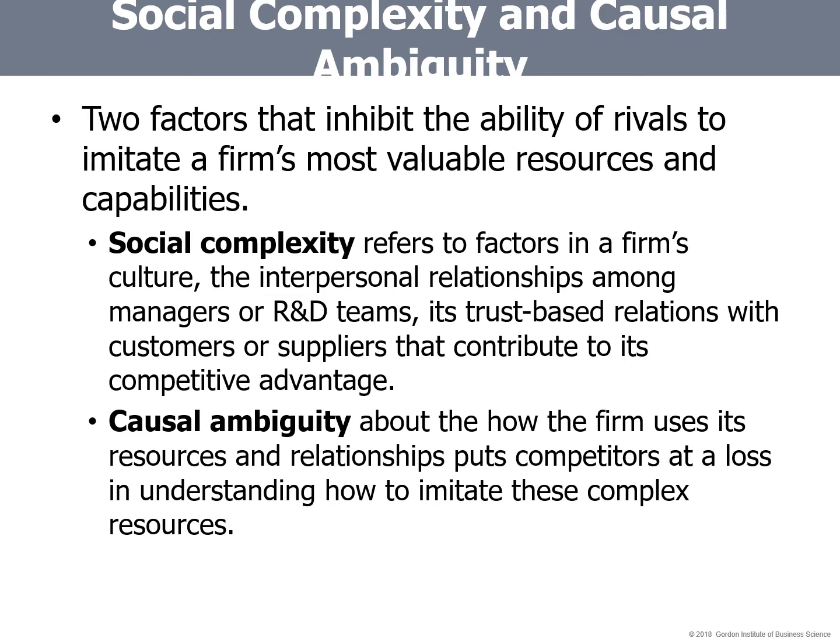Causal ambiguity makes it very hard to figure out how a complex resource contributes to the competitive advantage and therefore exactly what to imitate. You would understand for a company to achieve a sustainable competitive advantage, it should be difficult for its competitors to imitate or even come up with substitutes to its most valuable resources and capabilities.